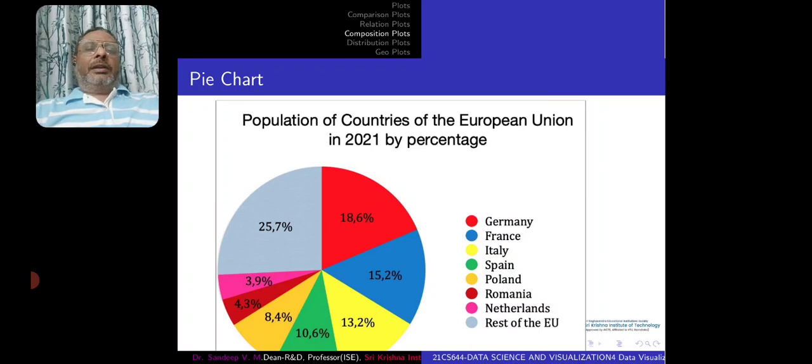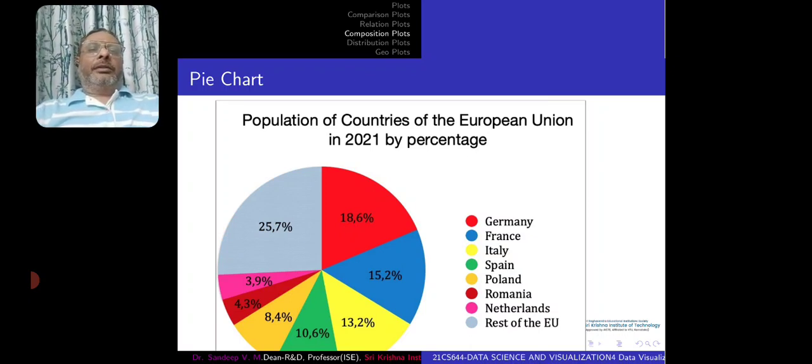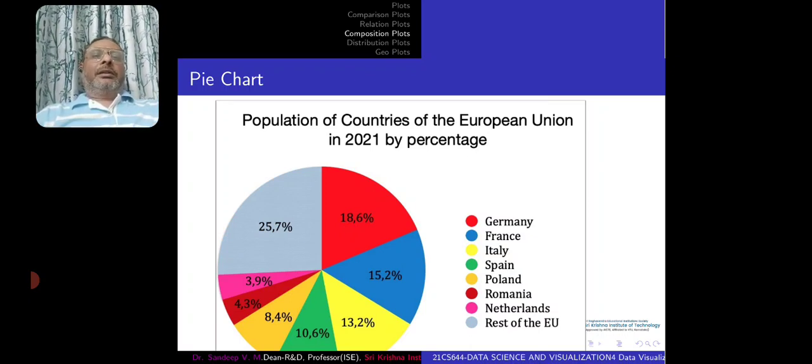Here we can easily make out that the red color's neighbor is blue, its neighbor is yellow, its neighbor is green. So we can see that the neighboring colors have better contrast, except I think Netherlands and Romania, which have almost similar colors.